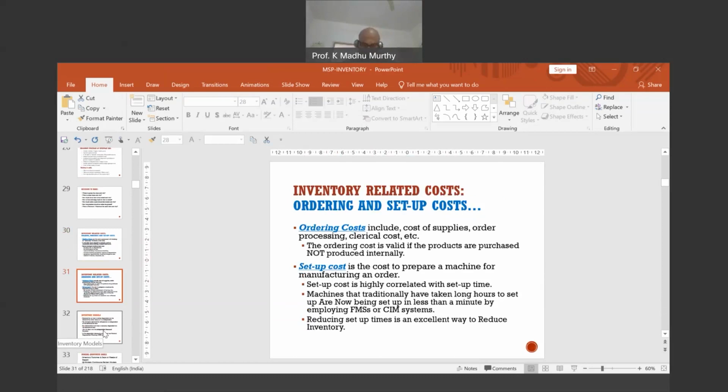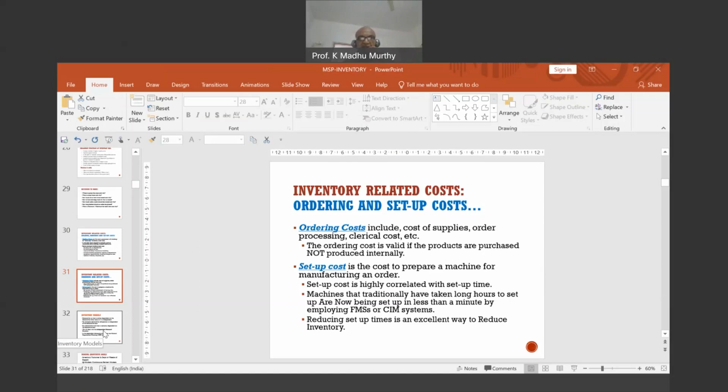And setup cost is very similar; sometimes they are treated alike. Setup cost is adjusting a machine for a particular variety to be processed, the cost of preparing a machine for manufacturing an order.